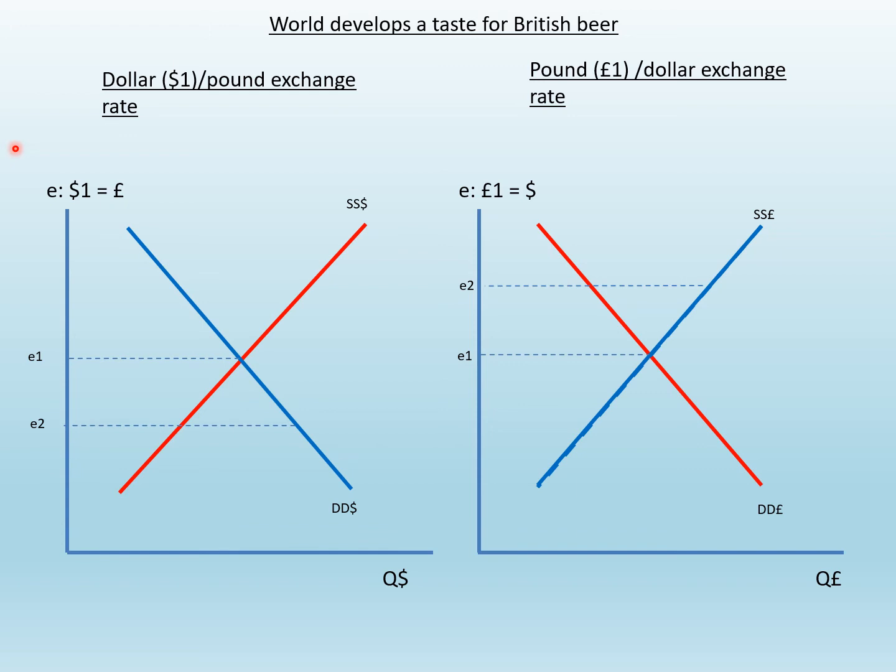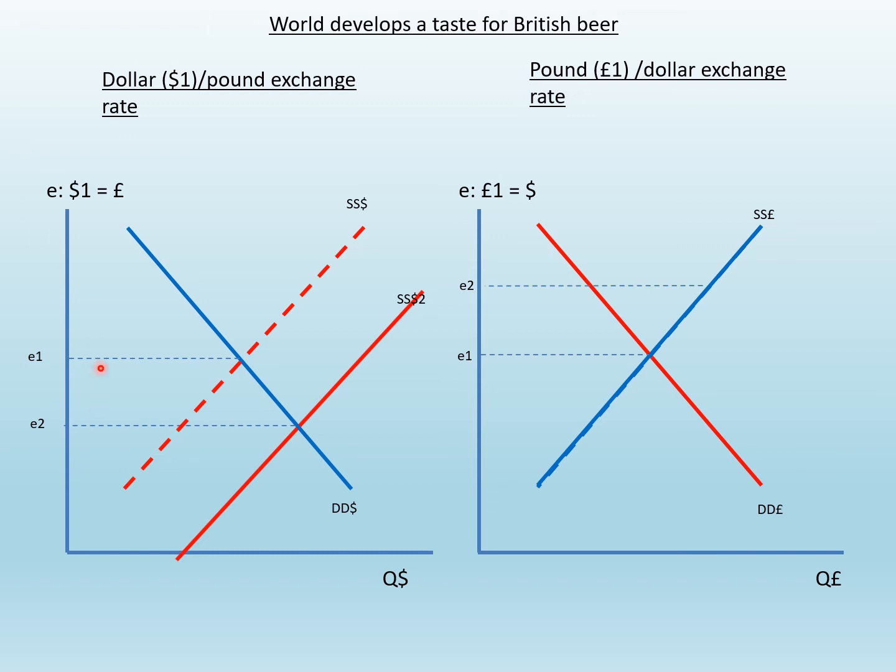So Americans develop a taste for British beer. We need to pay for the beer in pounds. Americans don't have pounds. So what they will do is they will supply dollars. And as a result, you will get a rightward shift in the supply of dollars.